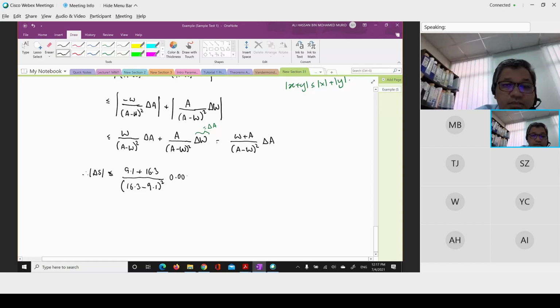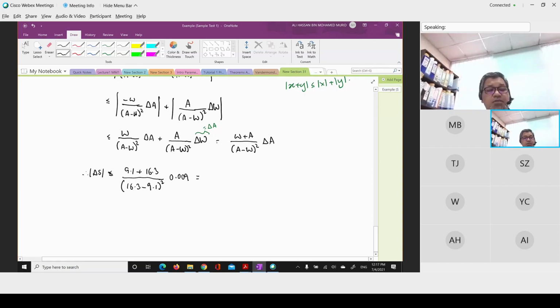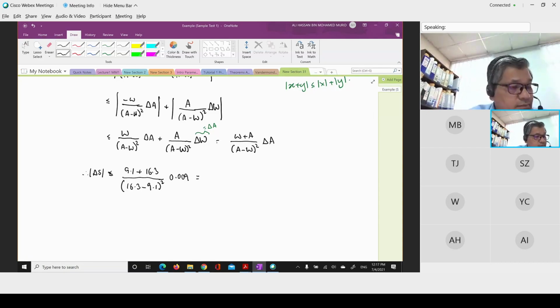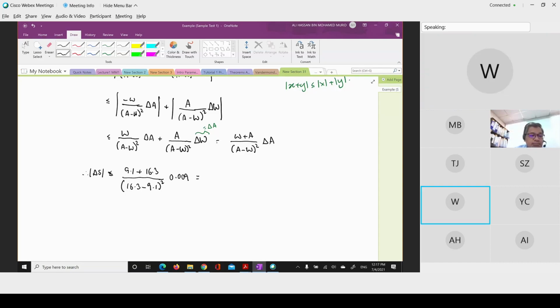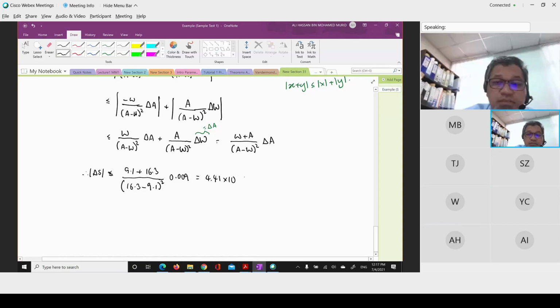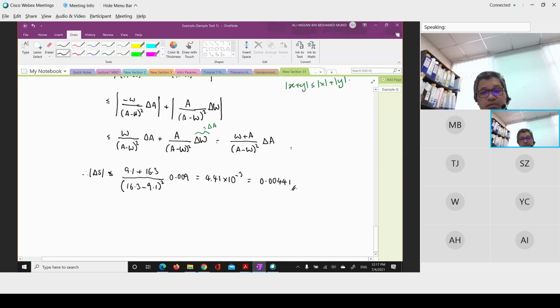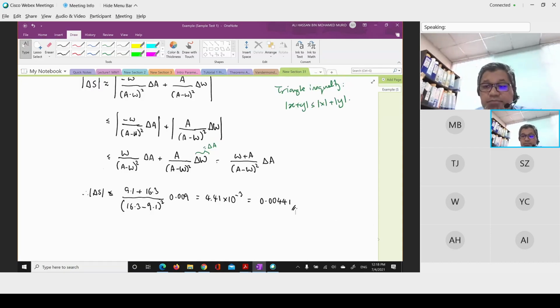Okay, can somebody calculate this value now using your calculator? 4.41 times 10 to the power of negative 3. So this is 0.00441, right? This is the value required.